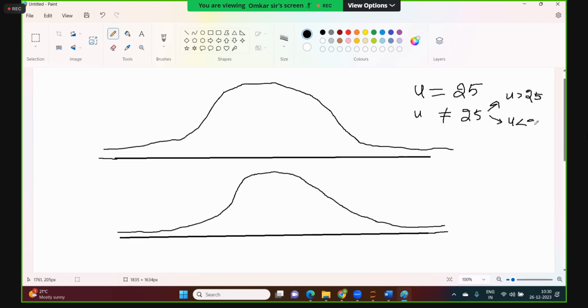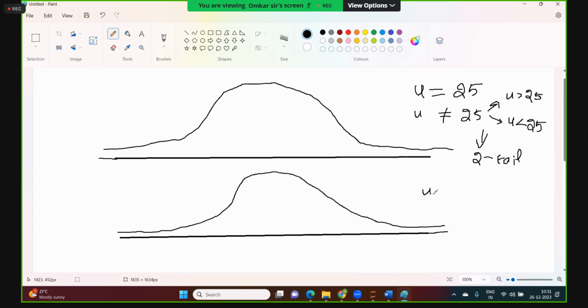If anyone says this, it is called a two-tail test.